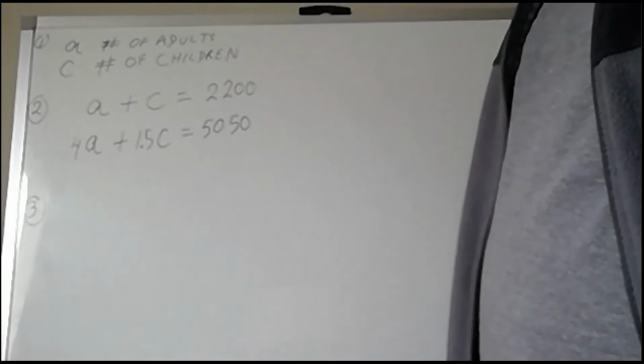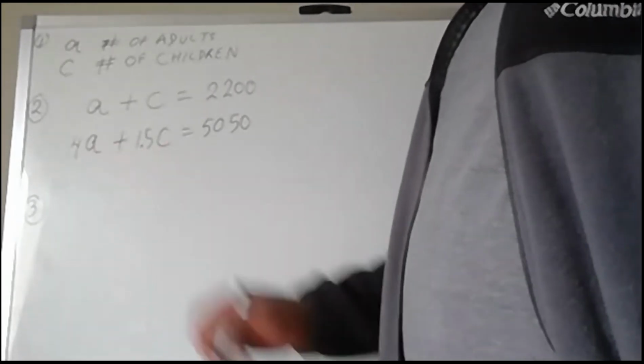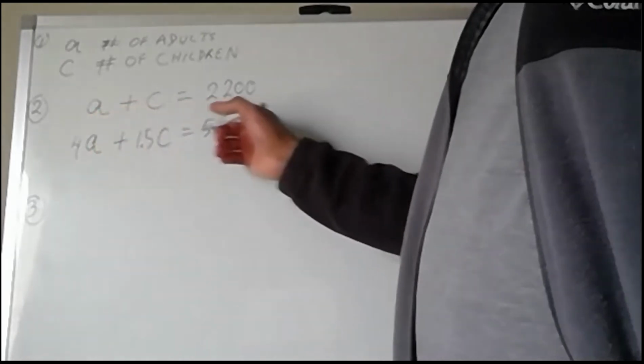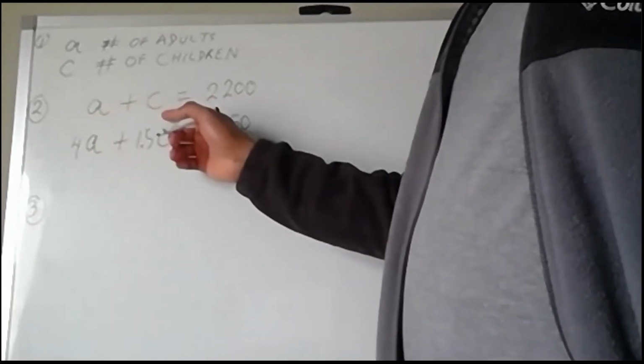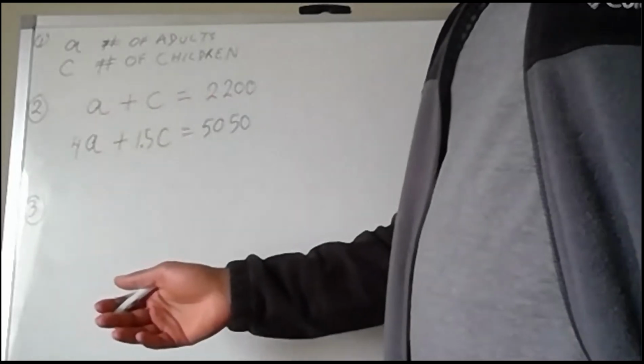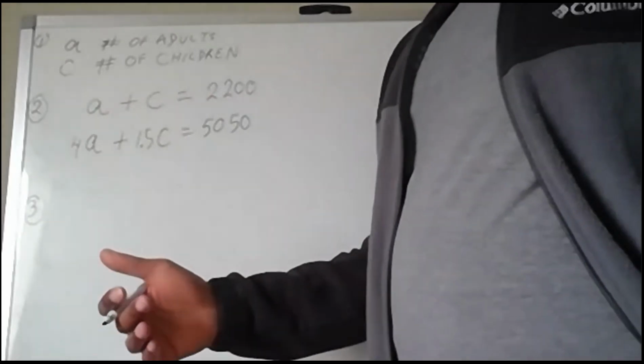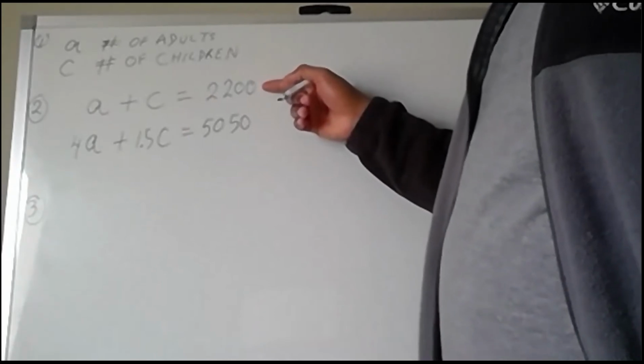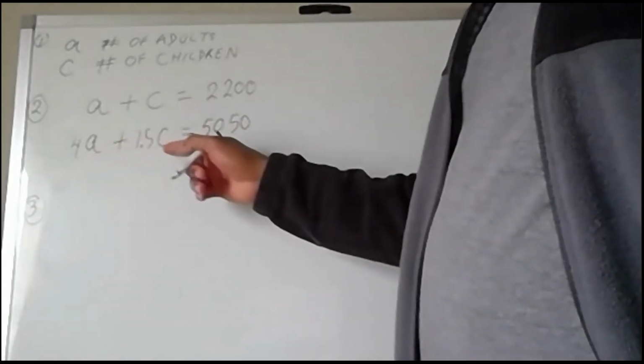I'm going to want to substitute something in for A or C and solve. But if I look at my top equation, I don't have A or C equal to everything else, and that's what I want. I want to use this equation and plug it in for A or C.